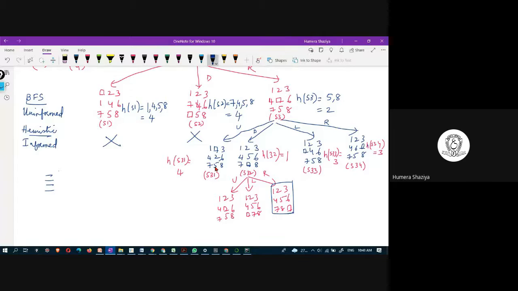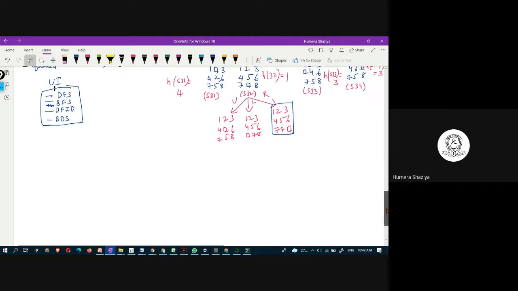We looked at depth first search, breadth first search, depth first iterative deepening, and last, bidirectional search. These four methods belong to uninformed or exhaustive or blind search. We will today begin informed search. Tomorrow we will continue with that.